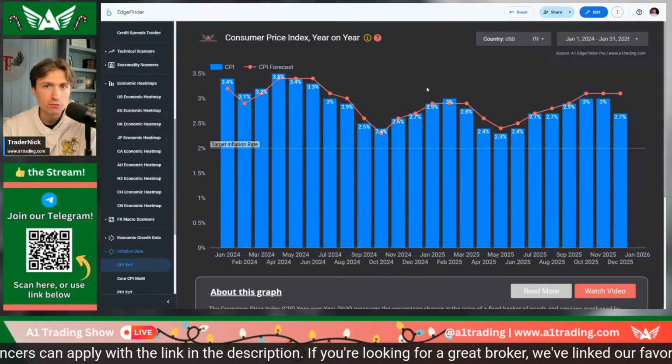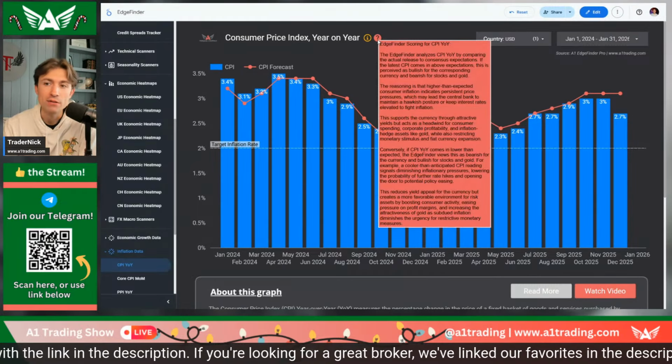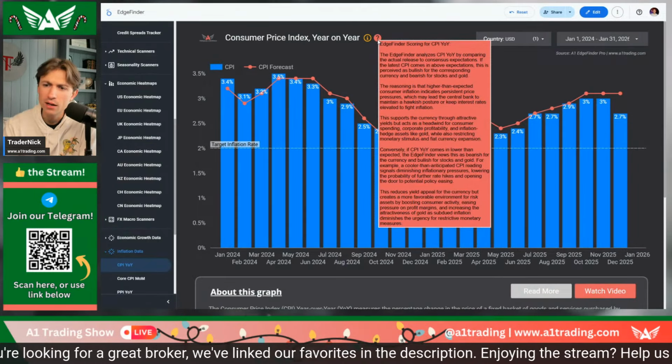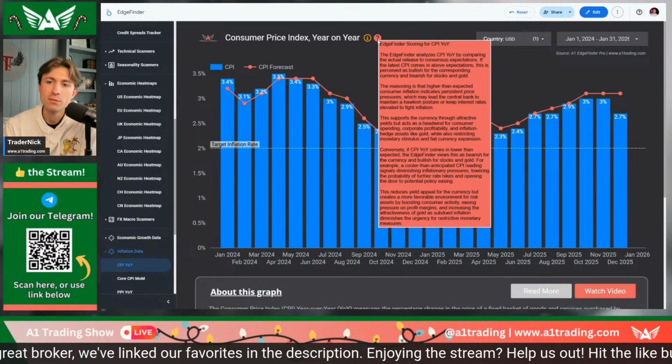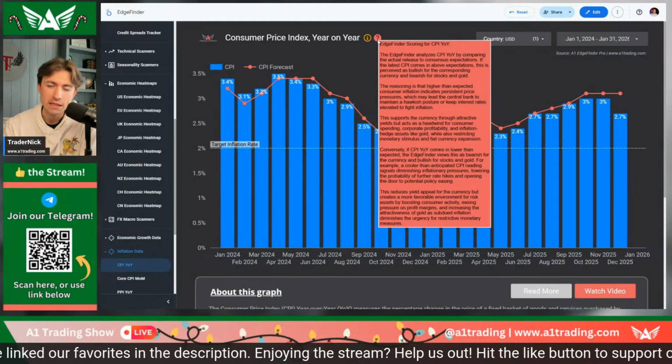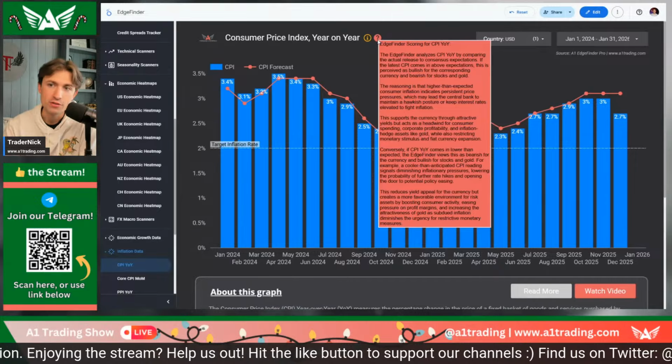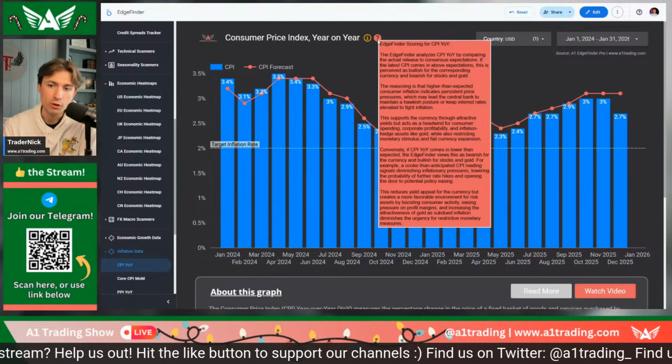Anyways, so inflation coming down in the UK, inflation coming down in the US. What does this mean for gold? Well, again, if you have Edge Finder, hover over this and what you'll see here, it's going to be your fourth paragraph down. I'm just going to read this little excerpt as an example of how this new explanation stuff is working.